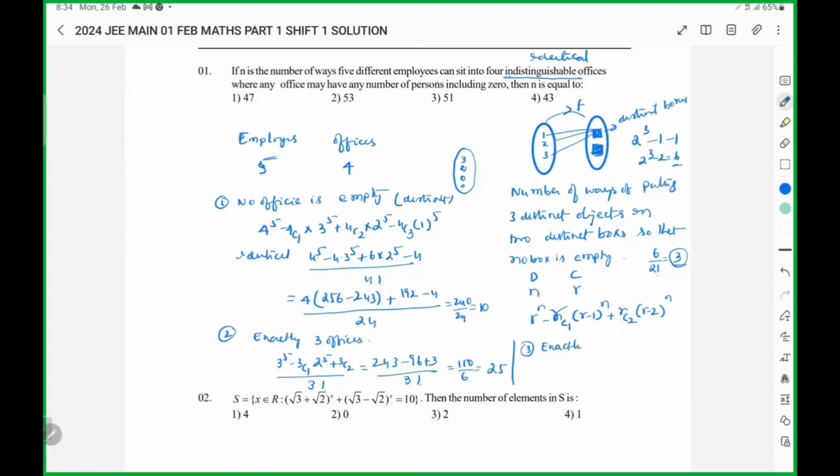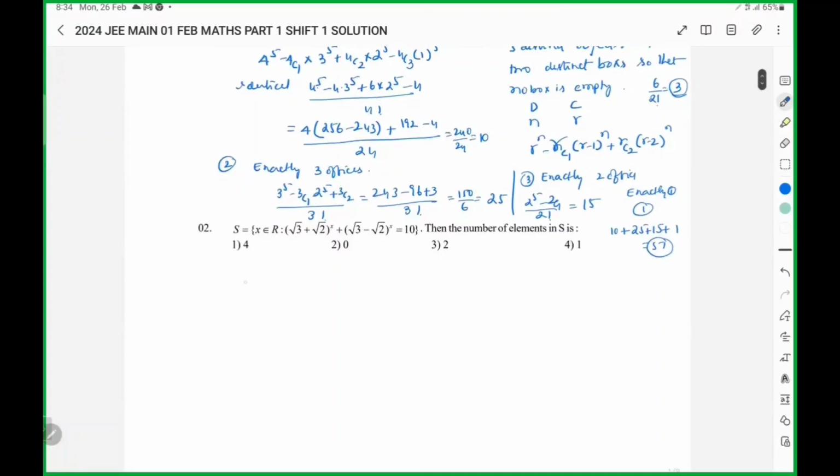Exactly 2 offices: 2 power 5 minus 2, by 2 factorial. 32 minus 2, 30, by 2, 15. Exactly one office, that is only one possibility. Total 10 plus 25 plus 15 plus 1, 51 possibilities.